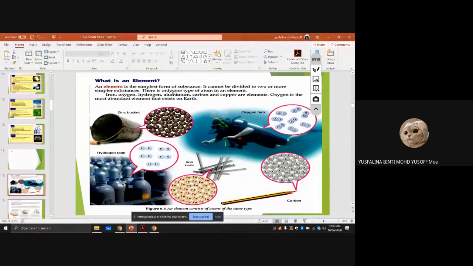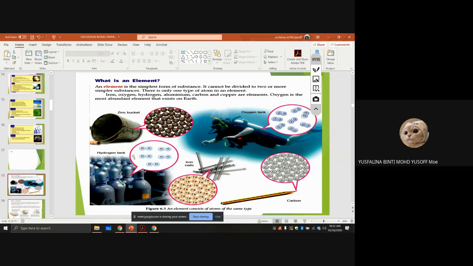Examples are oxygen, iron, hydrogen, aluminium. Let's say for this zinc bucket, you can see only zinc atoms inside. So this one is an element, because it consists of only one type of atom, zinc atoms.